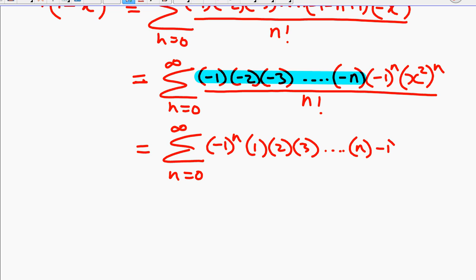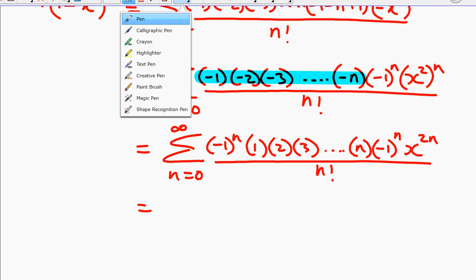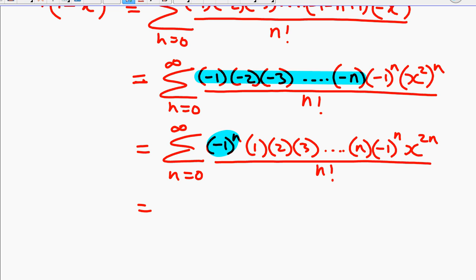Remember, I still have negative 1 to the power n, and this will be x to the power 2n over n factorial. Now, these two give me negative 1 to the power 2n.